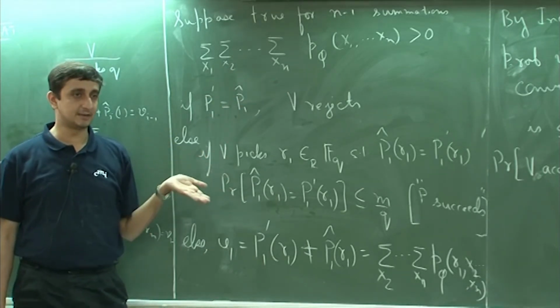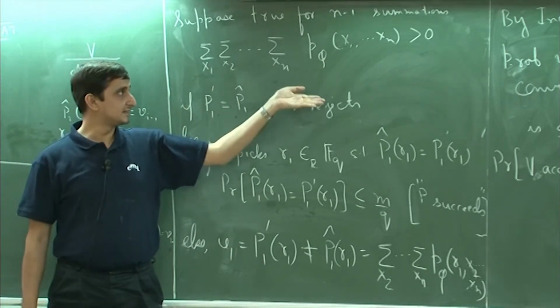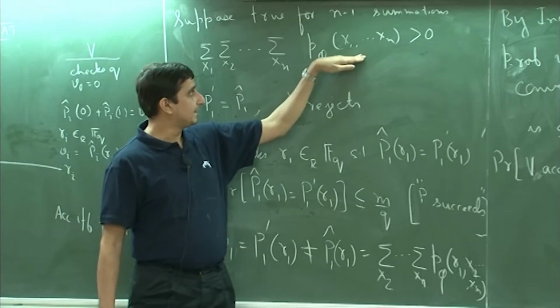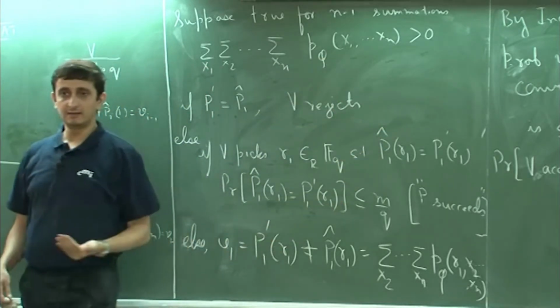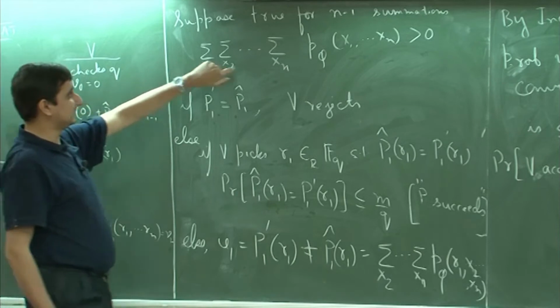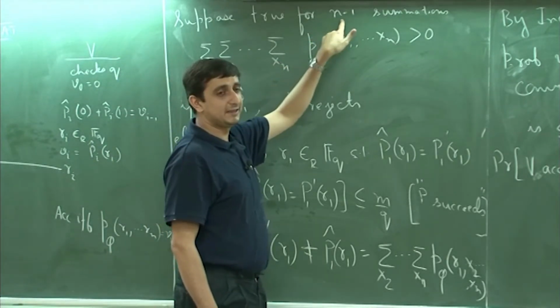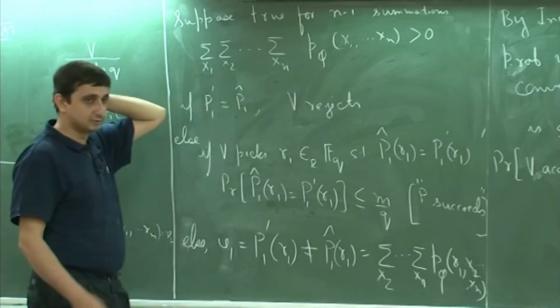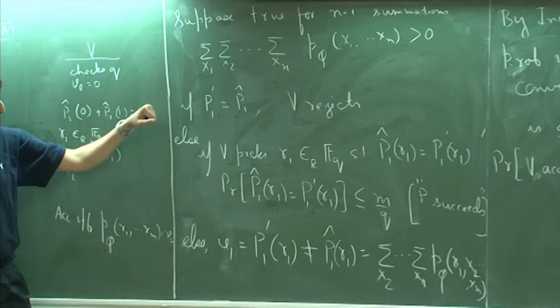So, if we have n such summations, the prover succeeds in showing that p of phi x1 through xn is equal to 0 with probability at most n m by q. In other words, instead of keeping n as our induction variable, you can think of that as k also. So, now what is happening here?